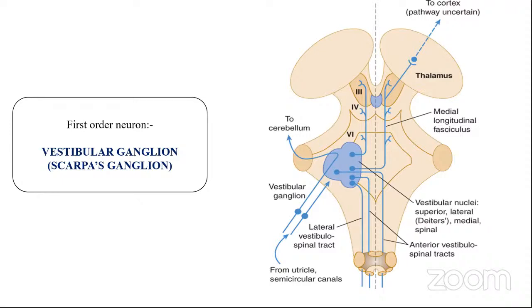The pathway from the thalamus to the cortex is uncertain. So, this is the vestibular pathway.